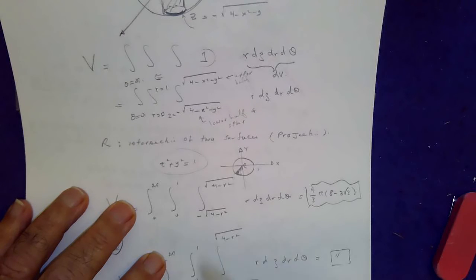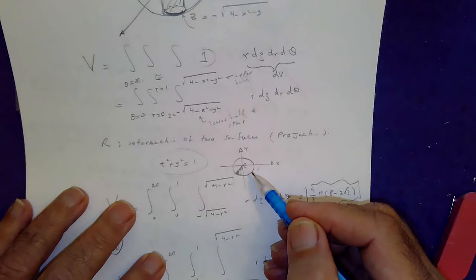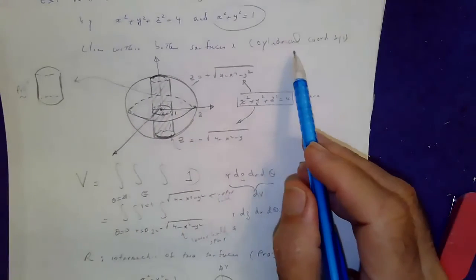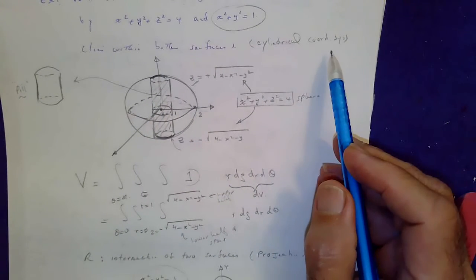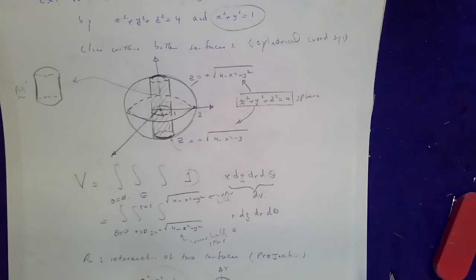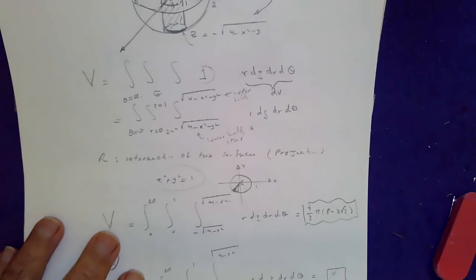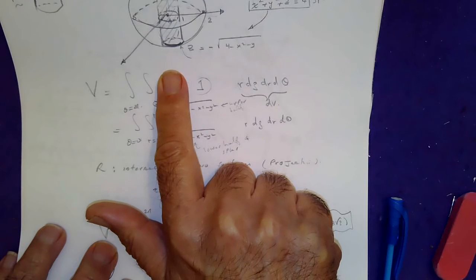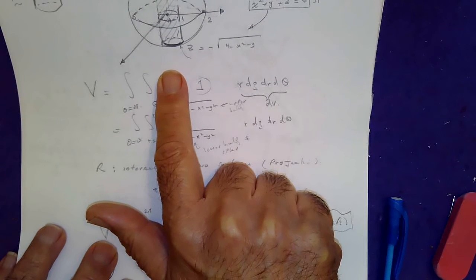Okay, so because the projection is a circular shape, that's why it was really nice to convert to cylindrical coordinate system, which is what? The three-dimensional version of what? Polar coordinate system. Polar coordinate system does not have dz. It only applies to what? Double integral.